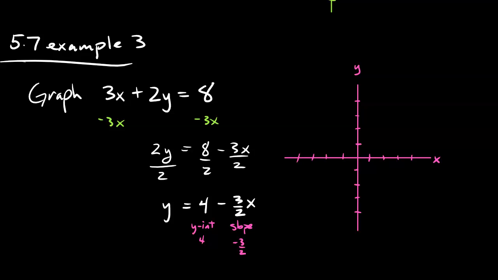Well, you would graph the y-intercept first, where I would go up to 4, which was pure coincidence. It was the same as the last one. And then from there, I would graph the slope. So I would go down 3, to the right 2. So 1, 2, 3, 1, 2.